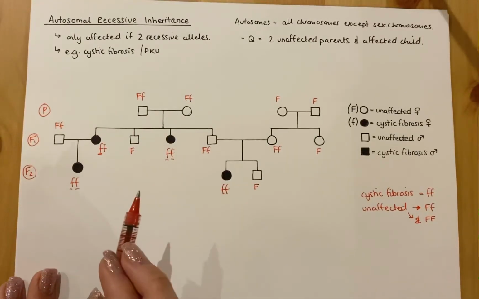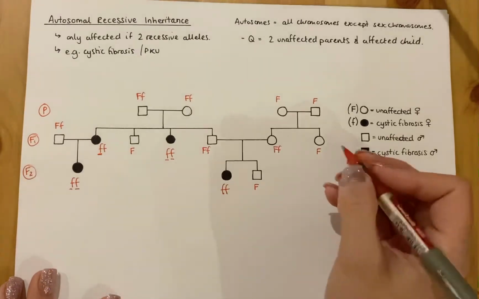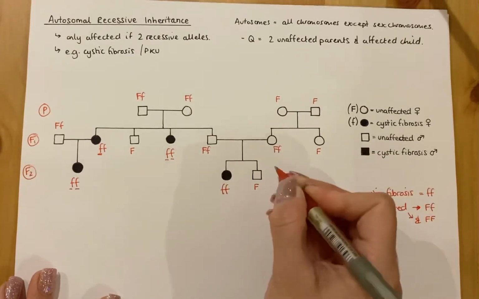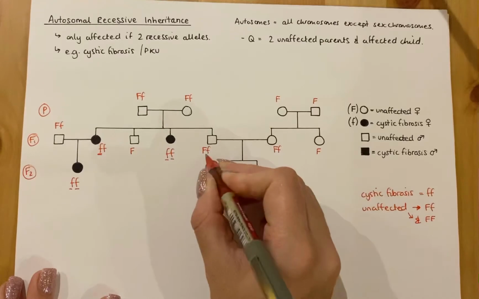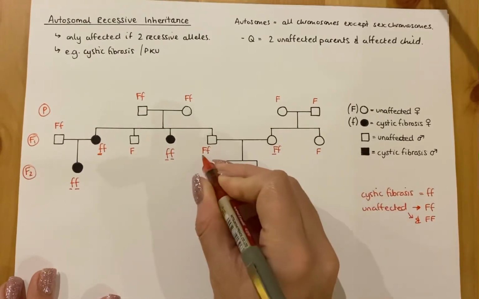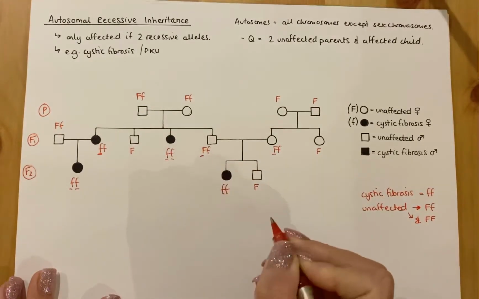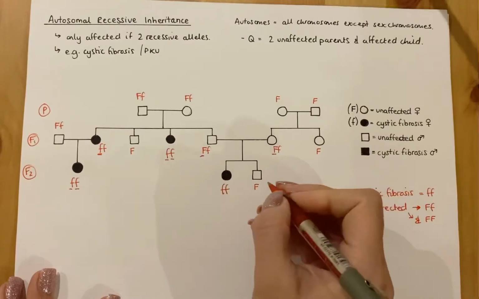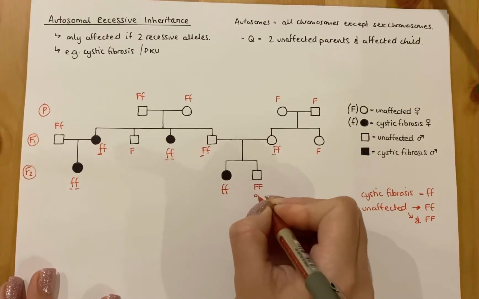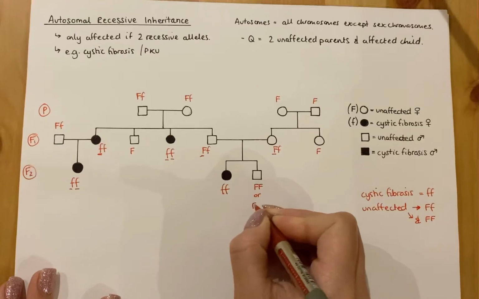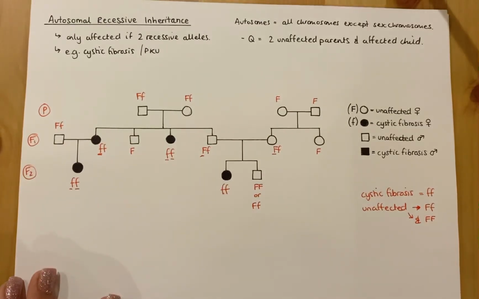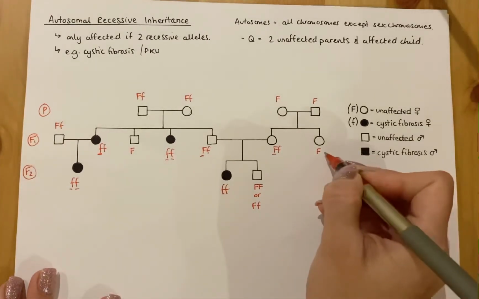And the remainder are quite tricky. So for these, for example, if you've got 2 heterozygous parents, you don't know whether they each gave a dominant allele, or whether one gave a dominant and one gave a recessive. So your answer here would either be homozygous dominant or heterozygous. And the same applies to this one.